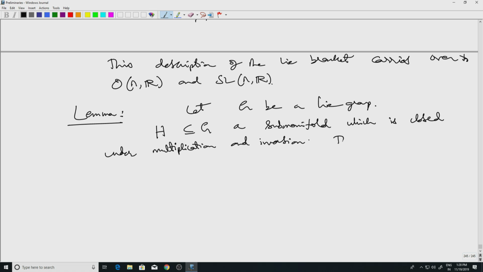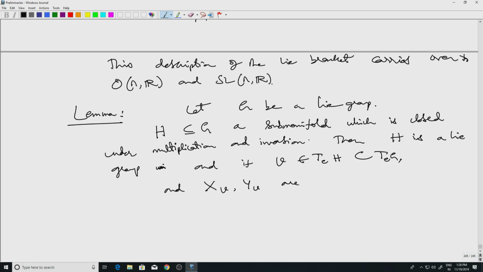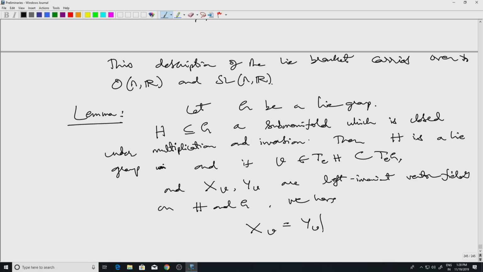Then H is itself a Lie group, and if V belongs to the tangent space at identity, which is contained in the tangent space of G, and XV, YV are left invariant vector fields on H and G respectively, we have XV equal to YV restricted to the subgroup H, i.e. XV is the inclusion map i-related to YV.